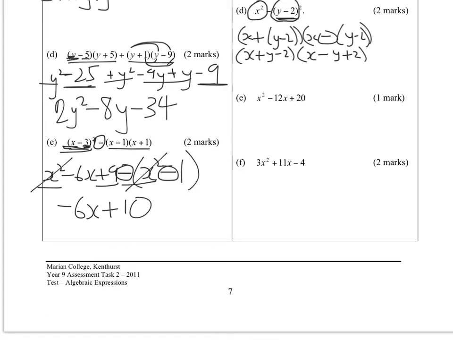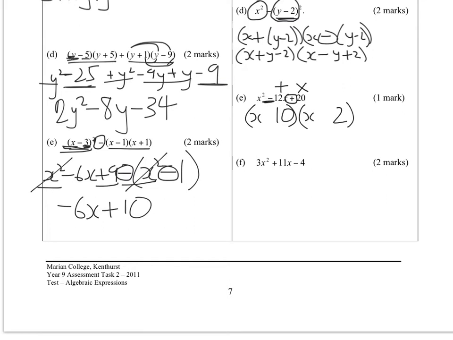Alright, E. Nothing's common to this trinomial, so therefore it becomes two brackets. So x squared is resulted from x and x. Now, the 20, give me two numbers that multiply together to give you 20 and add to give you 12. Well, 10 and 2. And because it's positive 20, both numbers have to be either positive or negative.